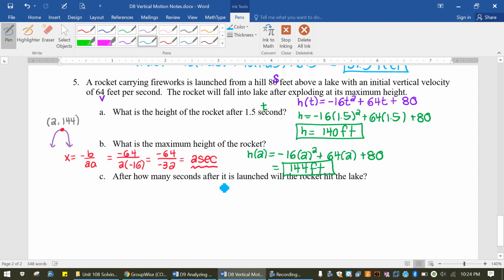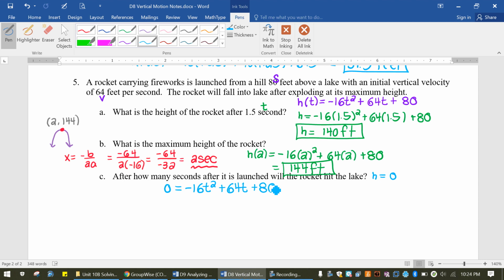after how many seconds after it was launched will the rocket hit the lake? Hitting the lake is like hitting the ground. It means that we're looking for a height of 0. So 0 equals negative 16t squared plus 64t plus 80. You can actually factor this to make it a little easier to work with.